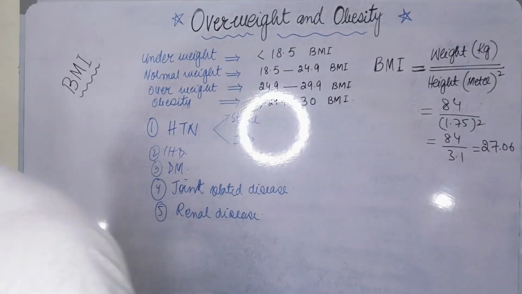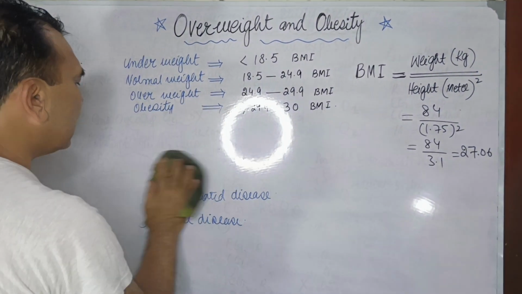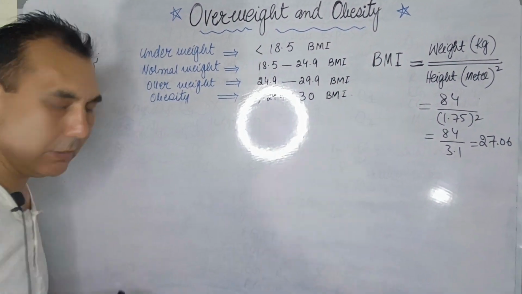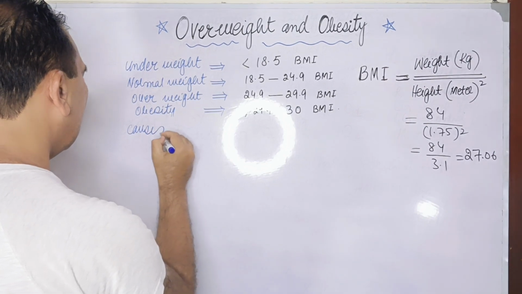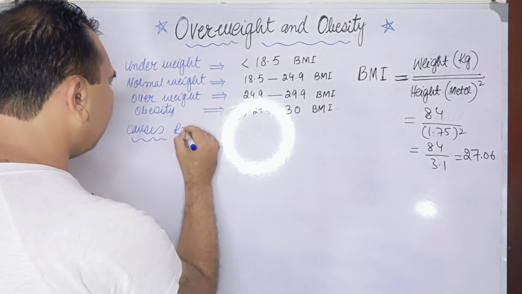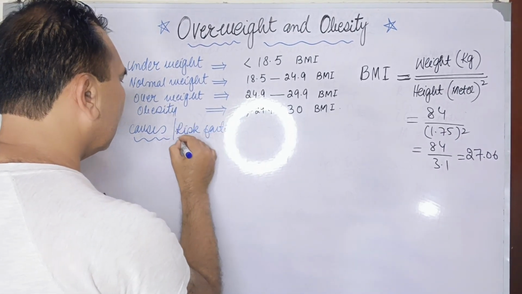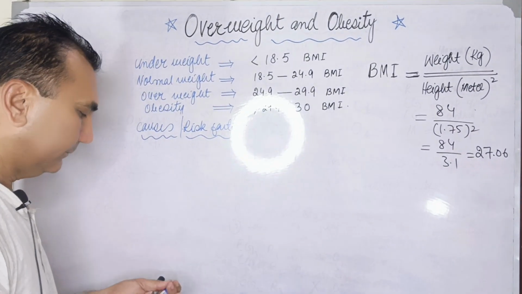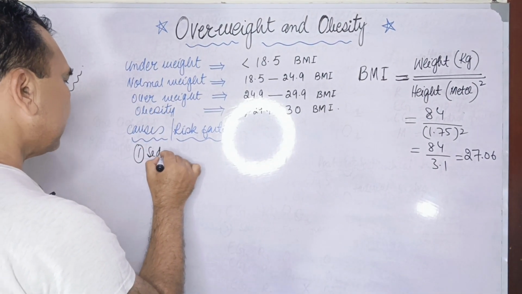Now, what are the reasons, the causes, or the etiology, or the risk factors of obesity and overweight? Okay, so the first one is the sedentary lifestyle.